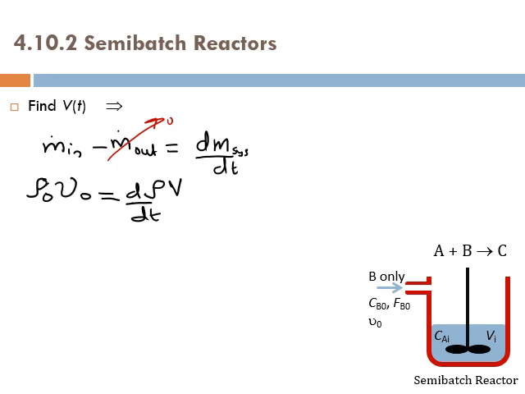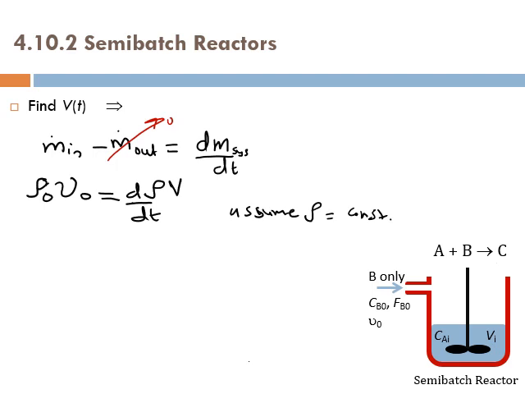Okay, let's assume that rho is constant. So we have a constant density system. That means as the reaction progresses, the density of the reaction mixture inside the reactor is not changing with time. When does this happen? Well, this happens when the majority of the reaction mixture is solvent, or if the density of A equals the density of B equals the density of C. Therefore, as the reaction progresses, the density does not change.